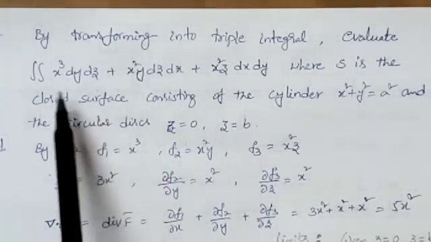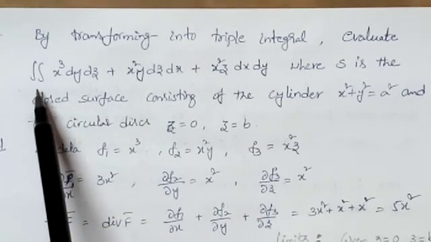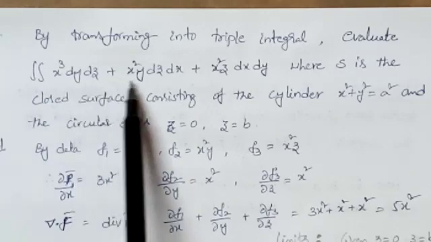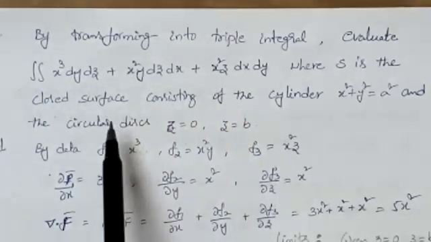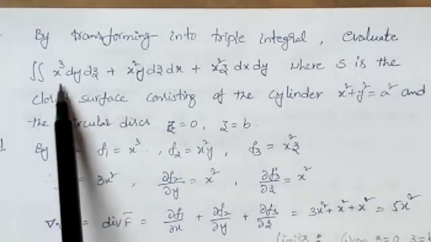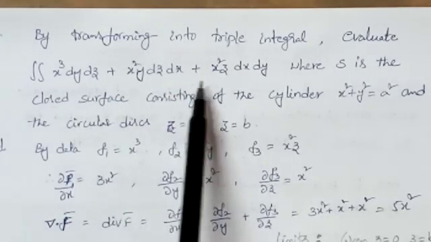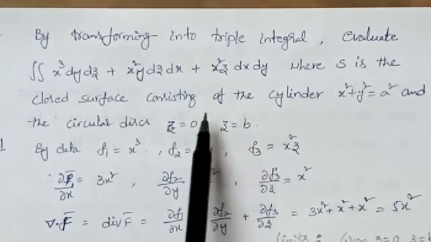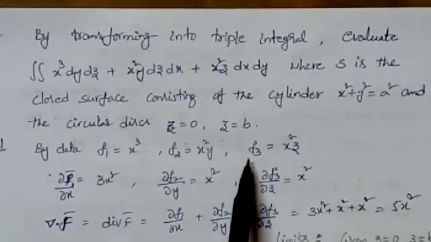If you observe this integral, it is a double integral, that means a surface integral, and this expression is like our second formula, the Cartesian formula: f1 dy dz plus f2 dz dx plus f3 dx dy. So we compare with that formula to get f1, f2, f3.